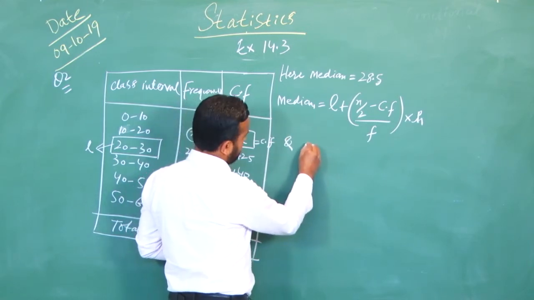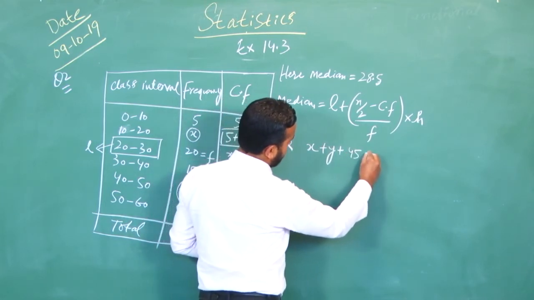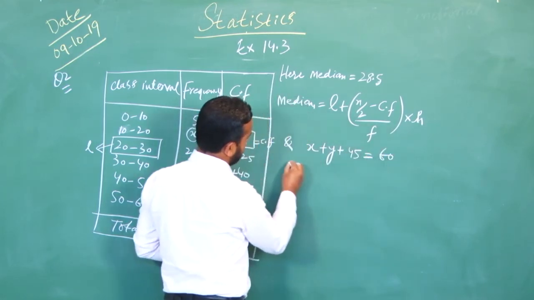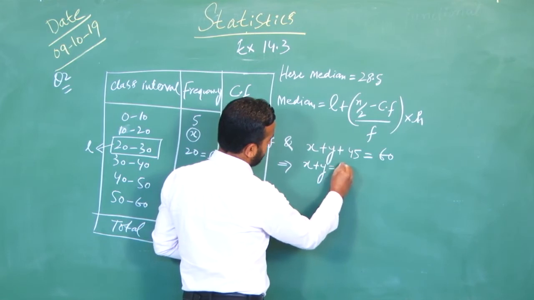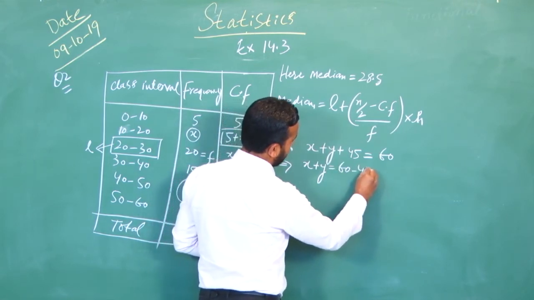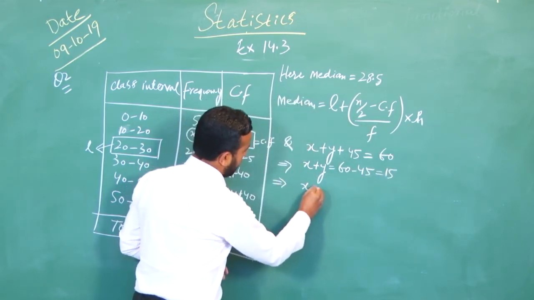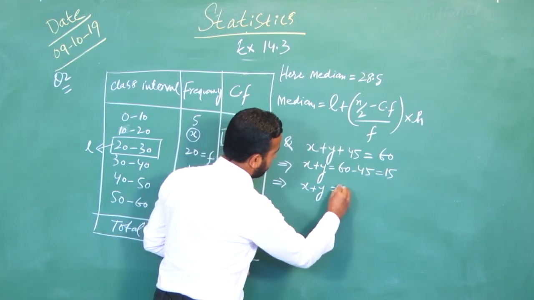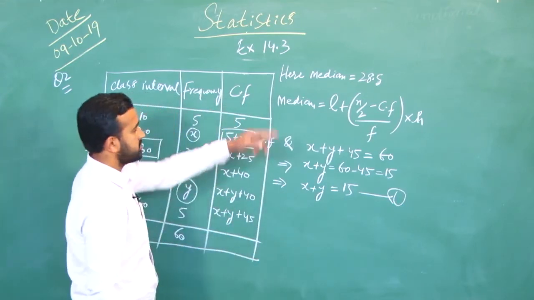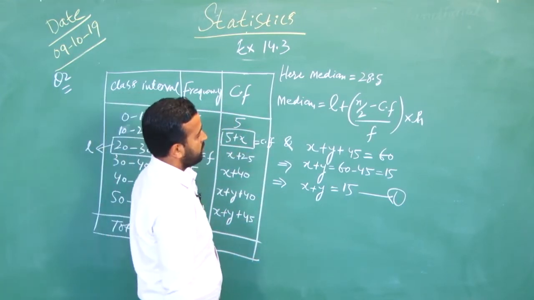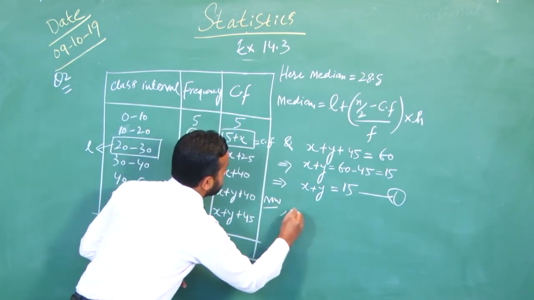We compare x plus y plus 45 with 60, which implies further that x plus y is equal to 60 minus 45, which is equal to 15. So x plus y is equal to 15. Treat this as equation number 1. Later on, while solving for the median of the given frequency distribution, we will use this particular value. Now, median.